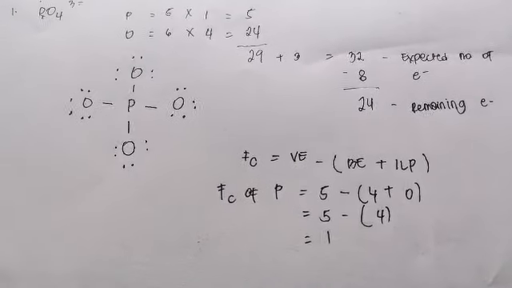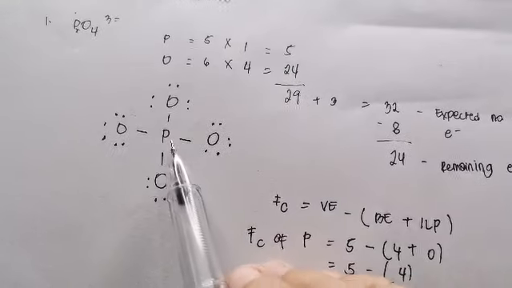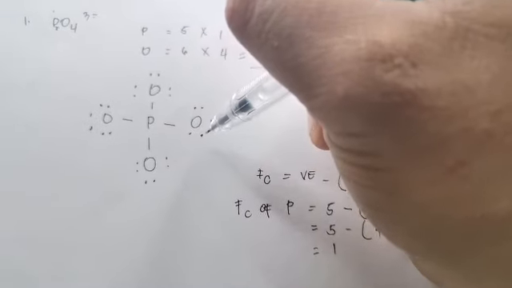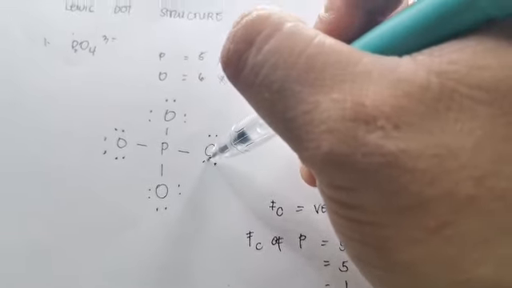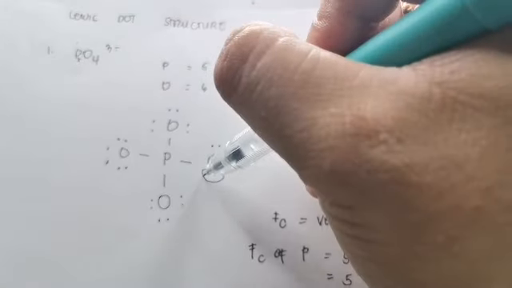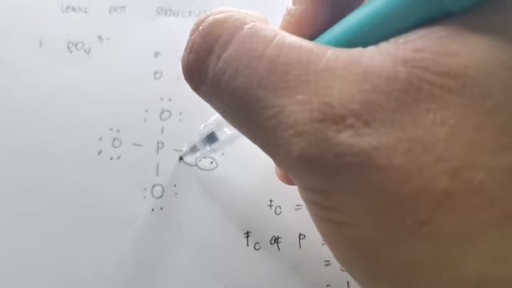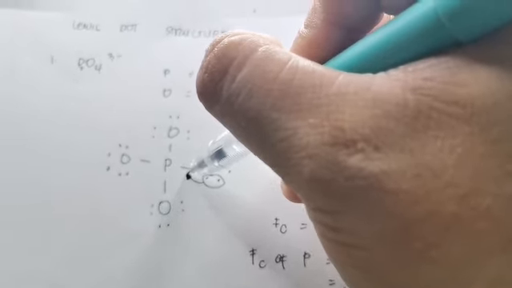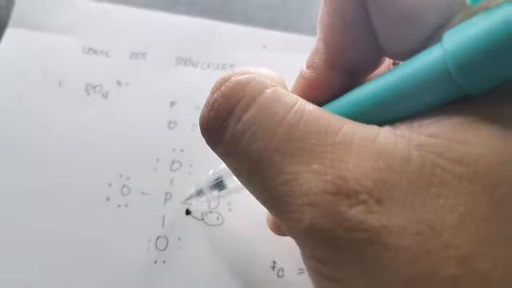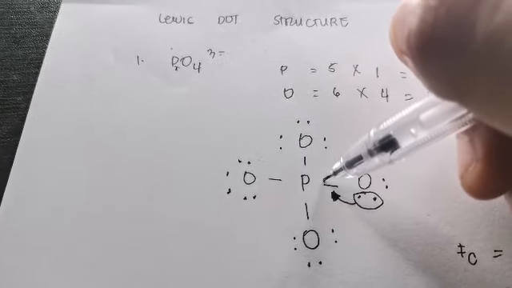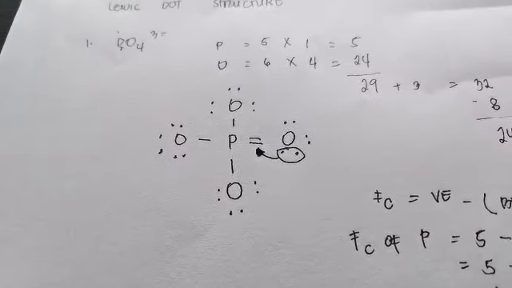You are going to create another bond to the phosphorus going to the branch. Okay, so since you have 1 lone pair here, so you are going to make a bond. So instead of single bond na po siya, magiging double bond na po. Okay, so yan na po yung mangyayari, magiging double bond na.